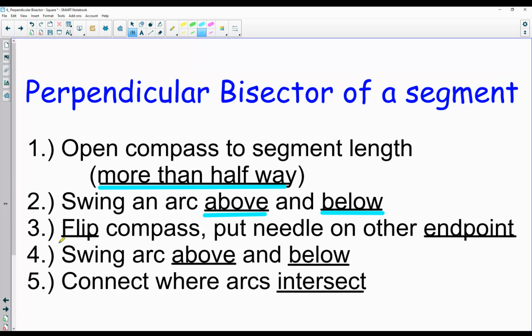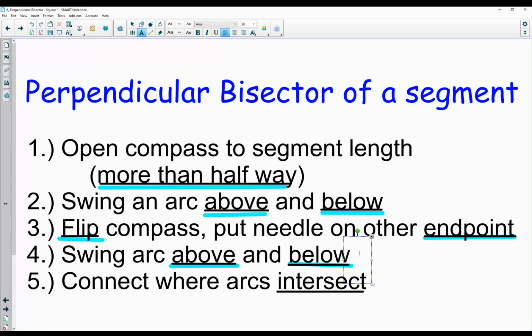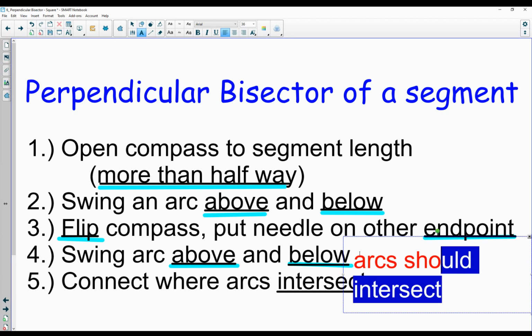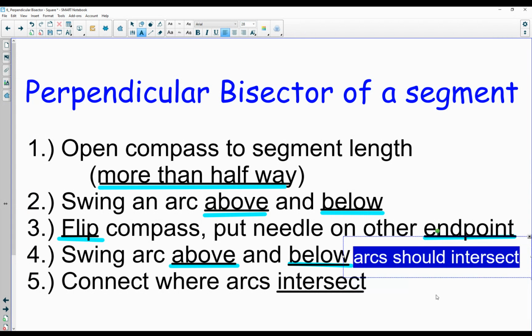Now you need to flip your compass to the other endpoint, and then you repeat, swing an arc above and below. When you do this, after step 4, you should have arcs that intersect. Okay. And then finally, last step, you're going to connect where the arcs intersect.